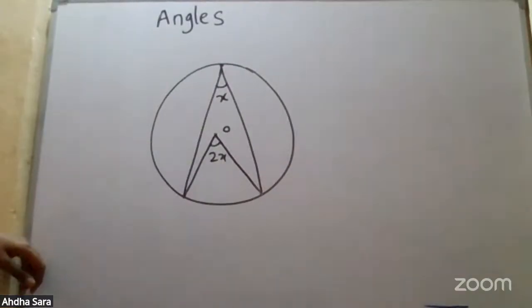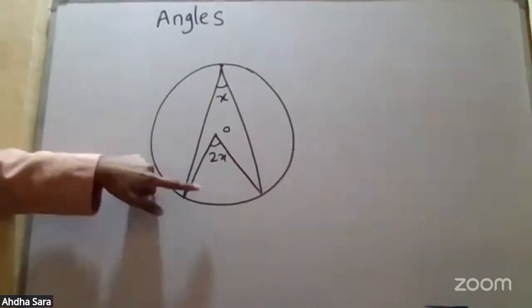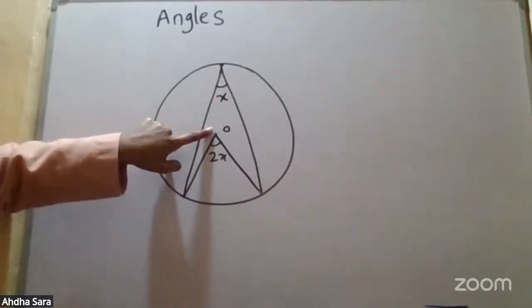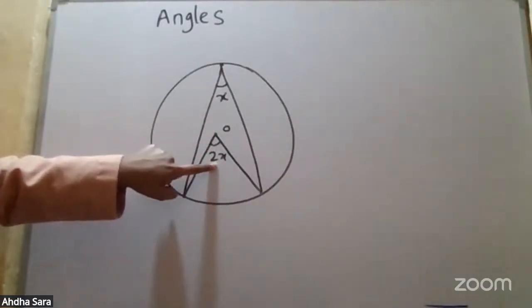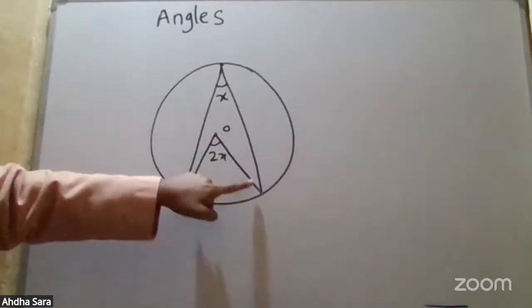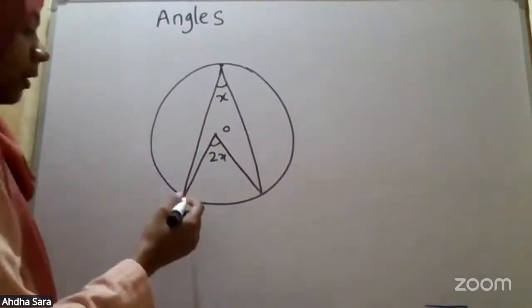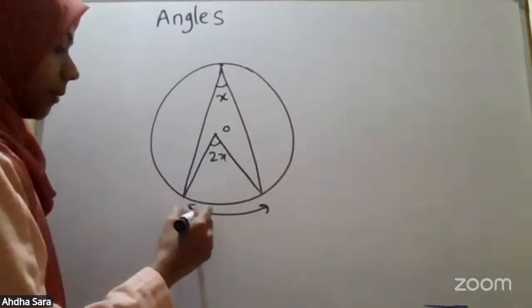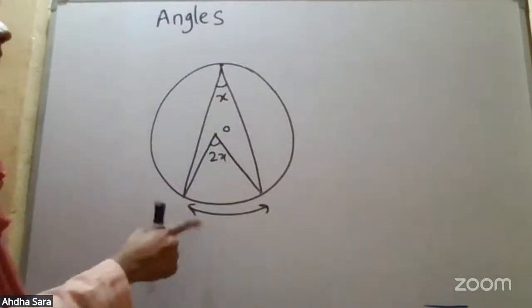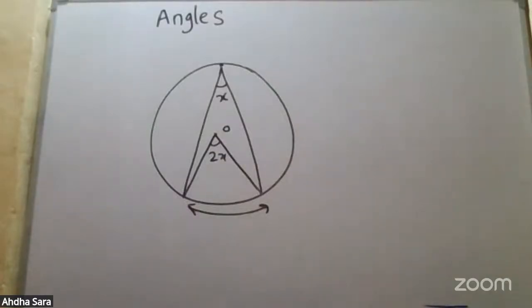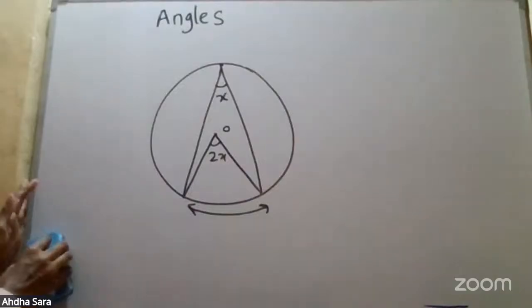The angle subtended by the arc at the center will be twice the angle subtended on the remaining part of the circle by the same arc. So this is theorem 1.